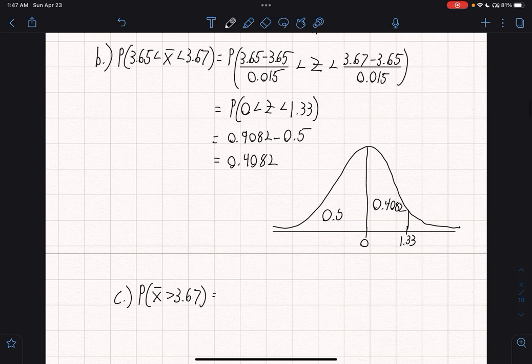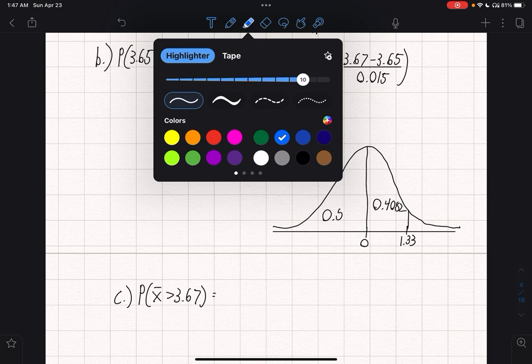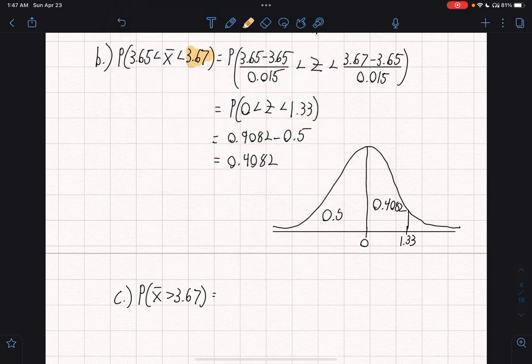Okay, well, we already performed the z-score transformation on 3.67, and we found it to be 1.33. So this would be equal to probability that z is bigger than 1.33. Again, that's just performing this transformation to get 1.33.